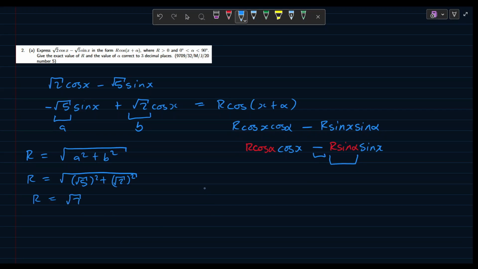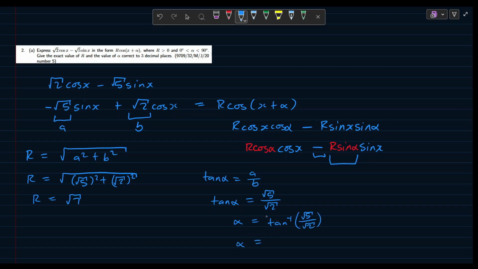And then for alpha, we're going to use tan alpha is equal to a over b. And so this gives us tan alpha is equal to, our a is root 5 and our b is root 2. So alpha is arctan of root 5 over root 2.